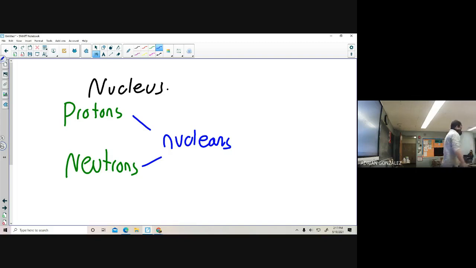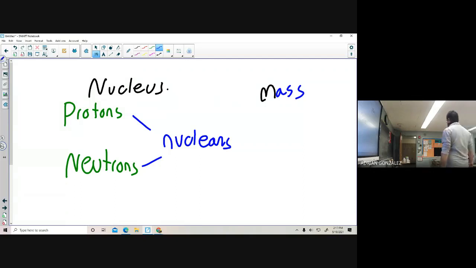We care about mass. The mass of protons and neutrons is going to be super important to those fusion and fission reactions.